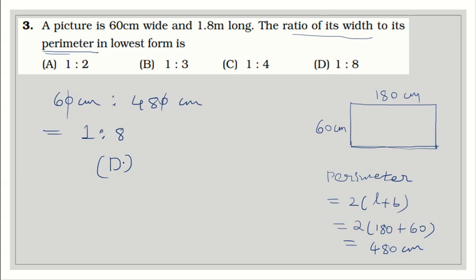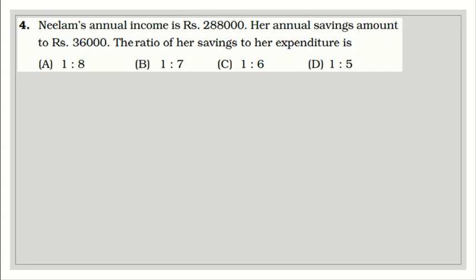Okay children, very important questions. Then moving on to the fourth question. Neelam's annual income is 2,88,000. Her annual savings amount to rupees 36,000. The ratio of her savings to her expenditure. Remember children, annual income is given, and you need to understand what her savings and her expenditure are.